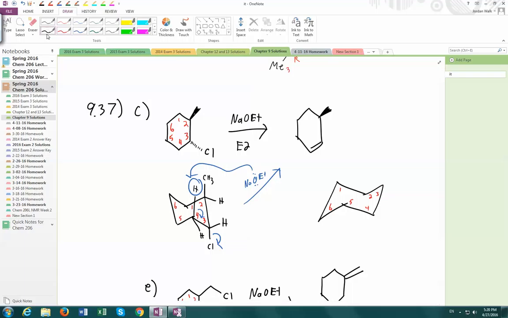4, 5, 6. And so our methyl on 2 is now equatorial. Hydrogen is straight down. On 3, we've got this hydrogen straight up. Chlorine equatorial. And so then on 4, we've got this and this.